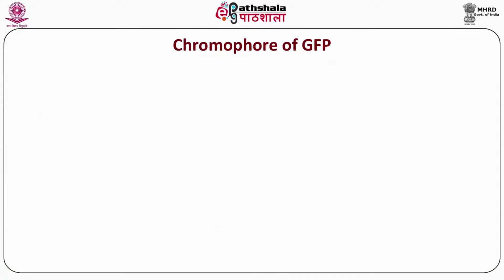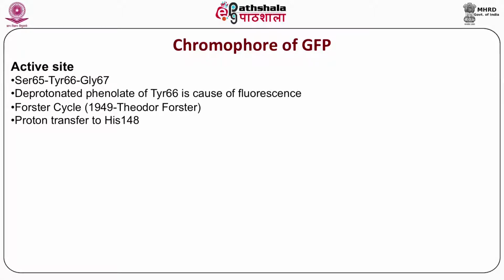Here we will discuss the chromophore structure of the green fluorescent protein. You can see here the chromophore structure and how the phenomenon of fluorescence occurs in the green fluorescent protein. The active site residues of the green fluorescent protein are serine 65, tyrosine 66 and glycine 67.